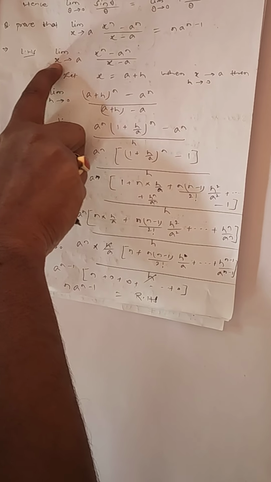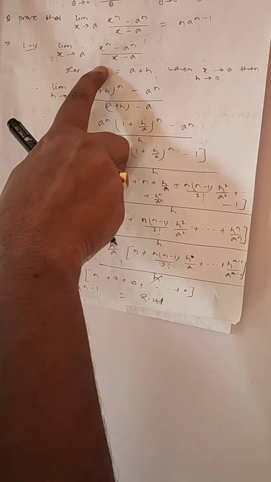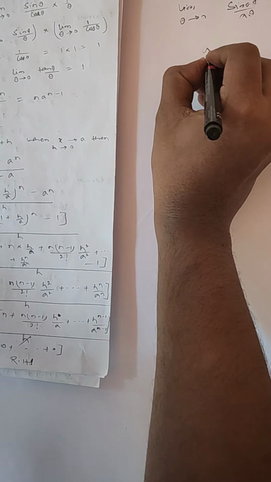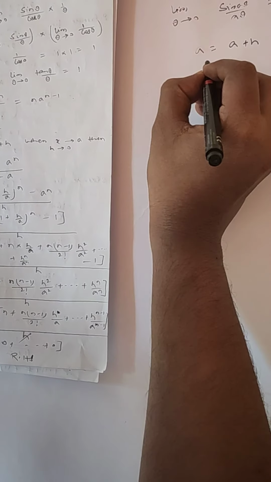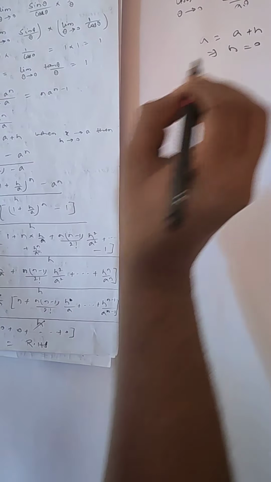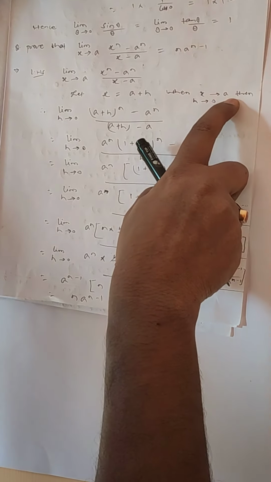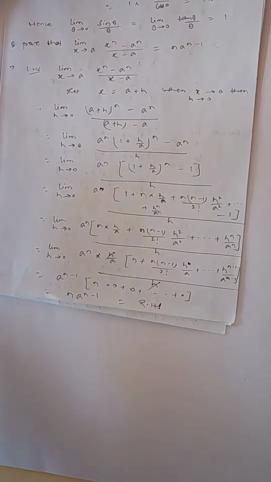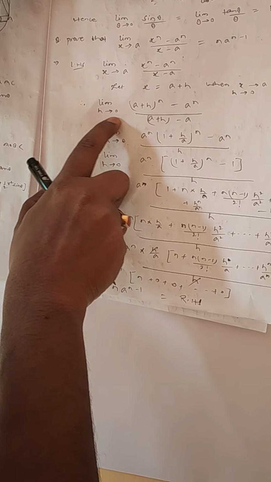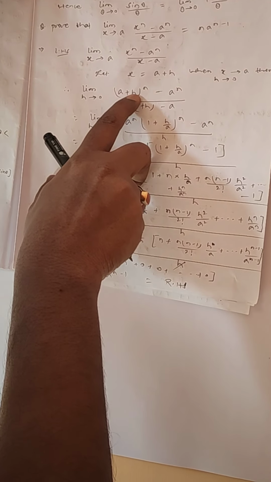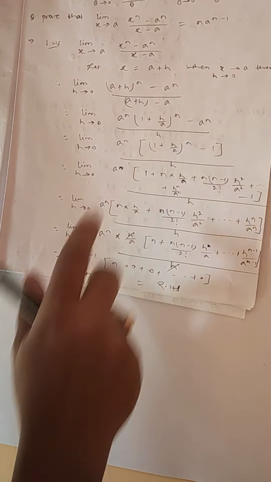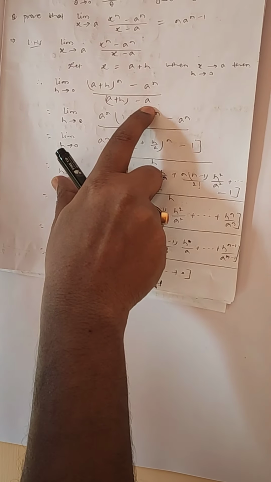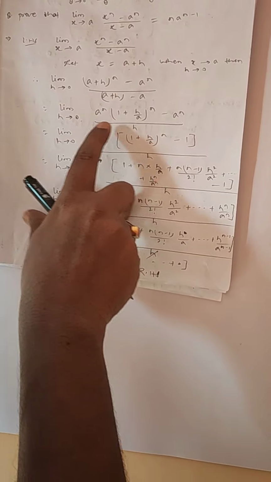If x tends to a, then h equals x minus a, which tends to 0. So when x tends to a, h tends to 0. Limit h tends to 0, here x is a plus h raised to n minus a raised to n divided by a plus h minus a, which is h.